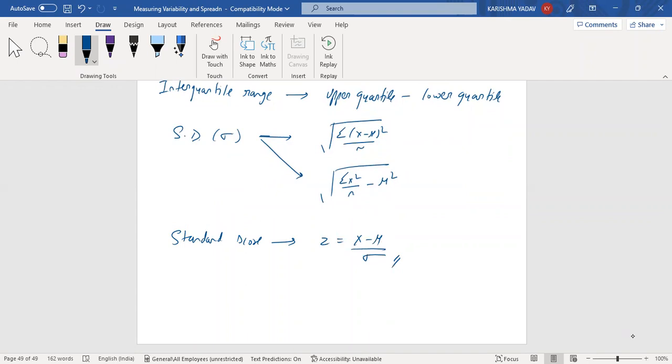The variance formula is this only, just take the square of this. And we have done deciles and percentiles. These are the complete concepts of variability and spread.